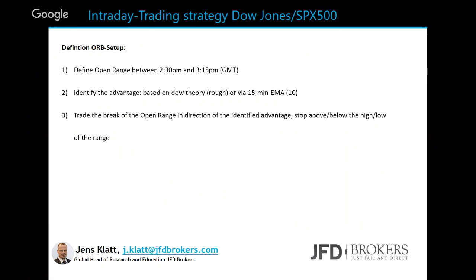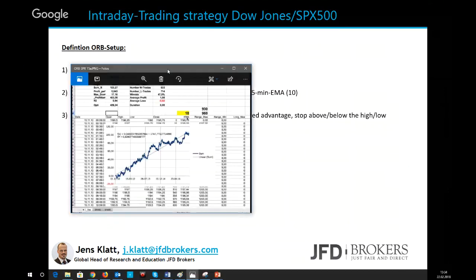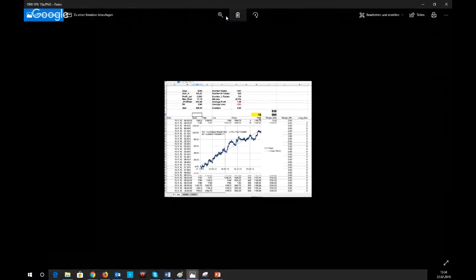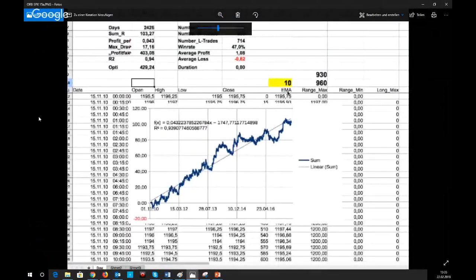So having an idea which makes sense, then program it, test it over a quite good and long time span, and see whether it's generating stable results, and then going from there, just trading the setup over and over again and capitalizing on the identified advantage. Even though there might be periods in which this setup probably does not work.